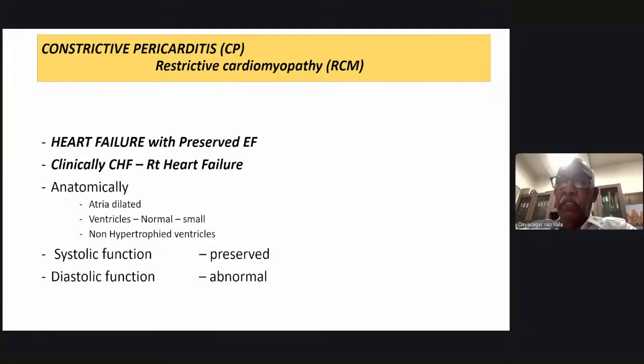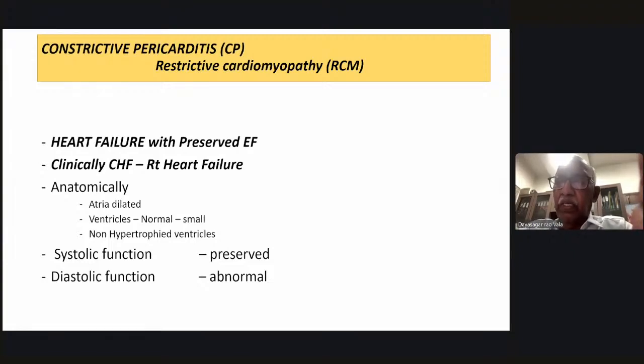Common to both is also that most patients with restrictive cardiomyopathy, at least in the beginning, have a normal systolic function, as is the case with constrictive pericarditis. But the diastolic function is abnormal in both constriction as well as restrictive cardiomyopathy.